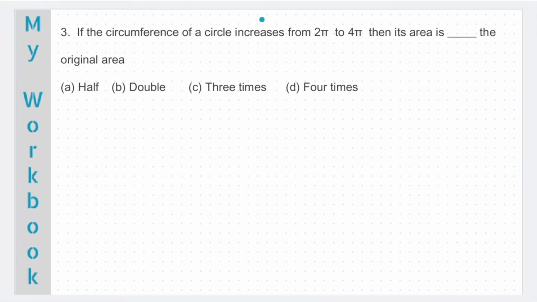Third sum. If the circumference of a circle increases from 2 pi to 4 pi, then its area is dash the original area. So let's consider two circles with circumference 2 pi and 4 pi. Then we'll find the ratio between their areas.